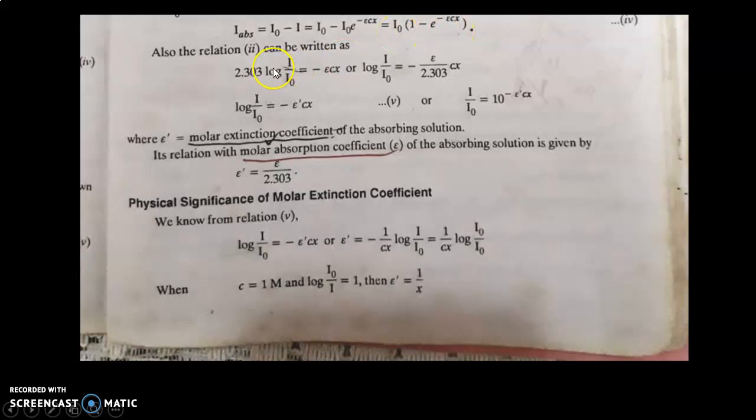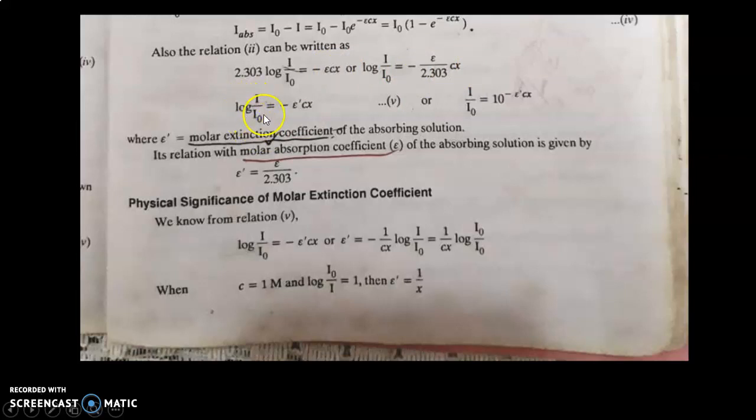And also, when you take equation 2 from the previous step, substituting ln with 2.303 log, you will get 2.303 log I by I0 is equal to minus epsilon cx. So log I by I0 is equal to minus 1 by 2.303 epsilon cx.